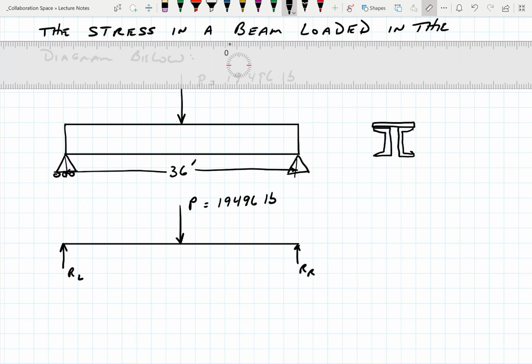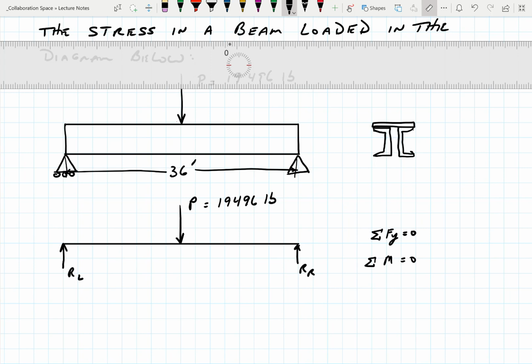Let's go back and do them the hard way, even though it should be pretty easy to figure this one out. But in order to solve for this, we have to do sum of the forces in the y equal to 0, and sum of the moments equals 0, right?